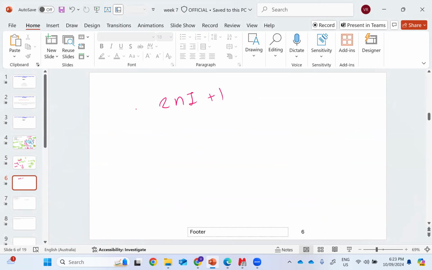Let's take the example of CHCl3 and CDCl3. In 1H NMR, for the proton, the I value is 1/2. For deuterium, the I value is 1.